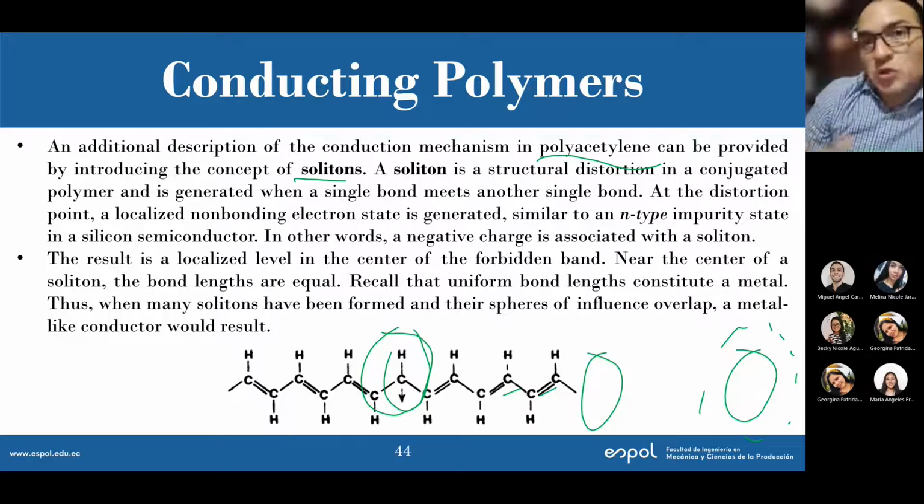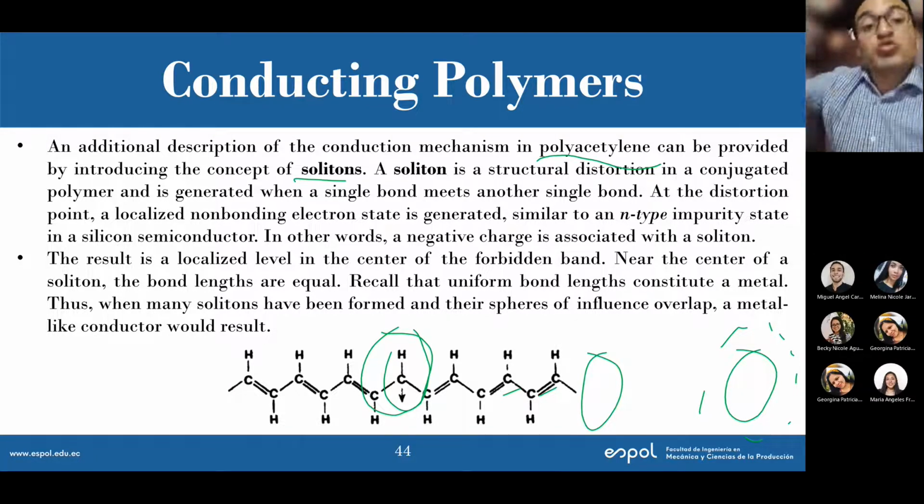And therefore, you actually start getting an additional contribution to conduction, and that's what they call a metal-like conduction. Because now you have an additional effect, let's say, that contributes to conduction in polymers.